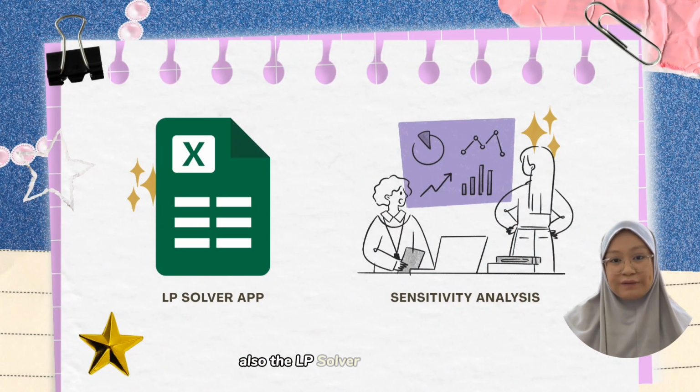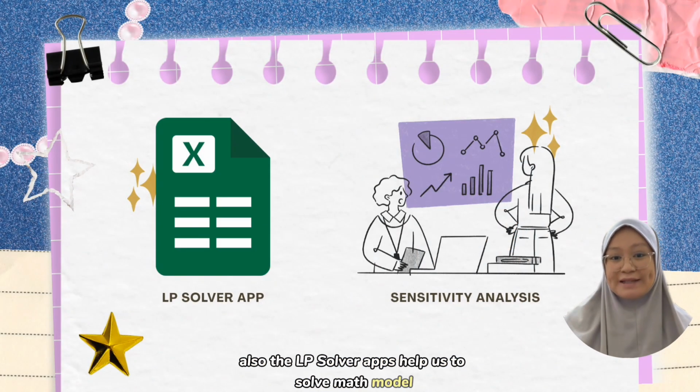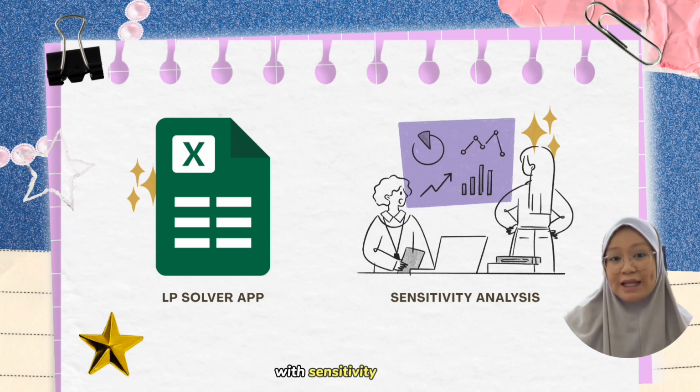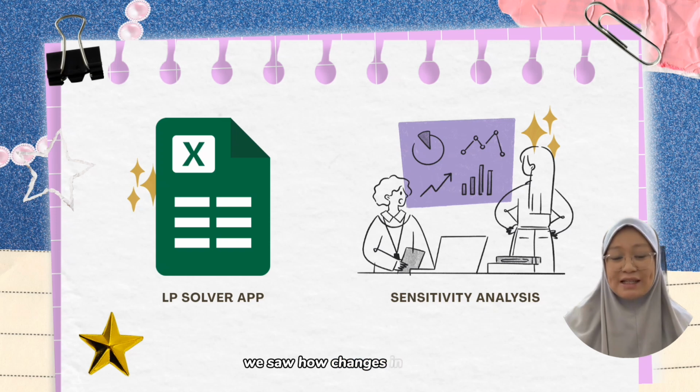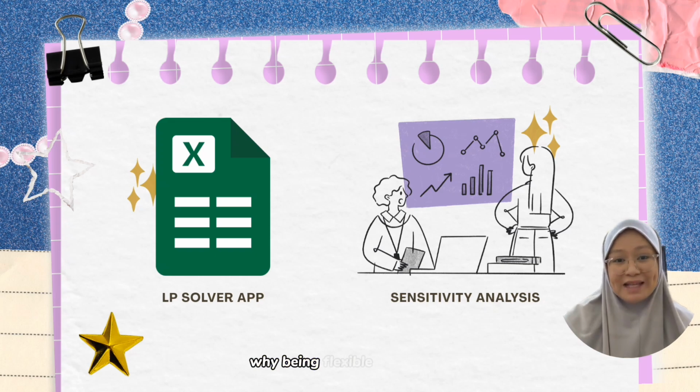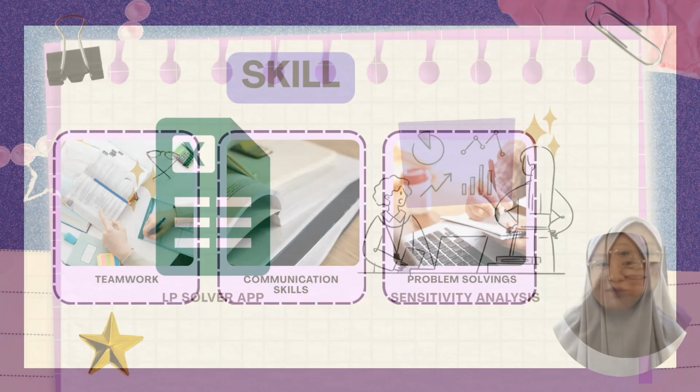Also, the LP solver apps help us solve math models step by step and identify the best answer fast. With sensitivity analysis, we saw how changes in limits of parts like raw materials or supplies affect the top profits. This shows why being flexible and making good choices is key in real situations.